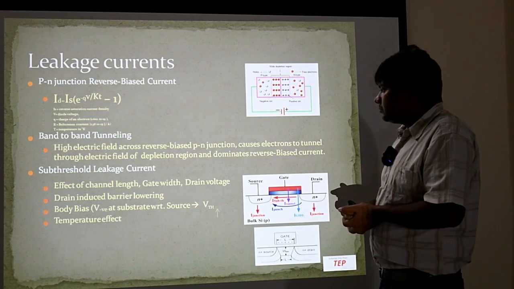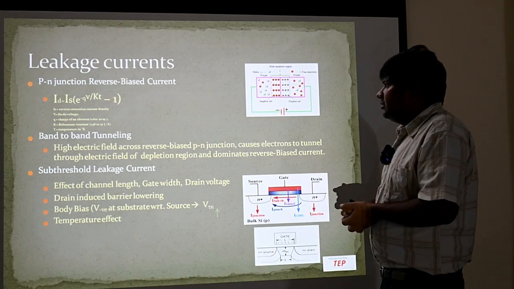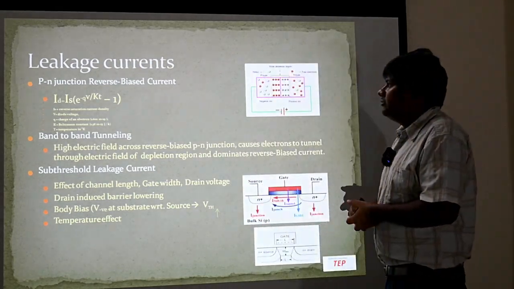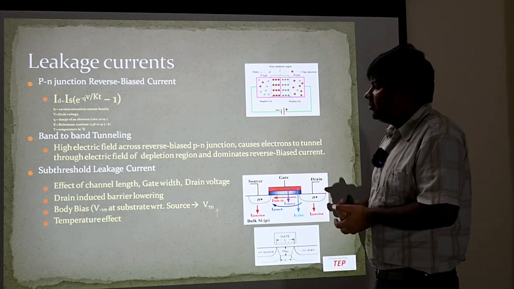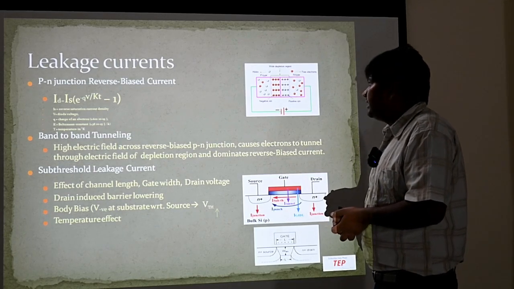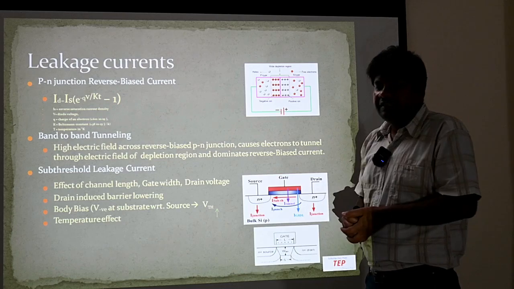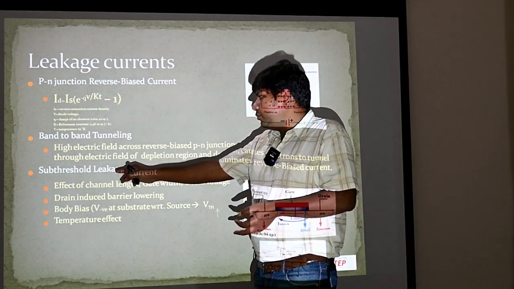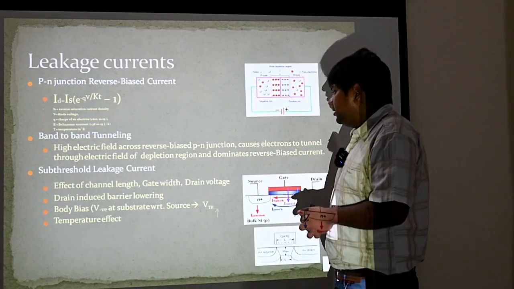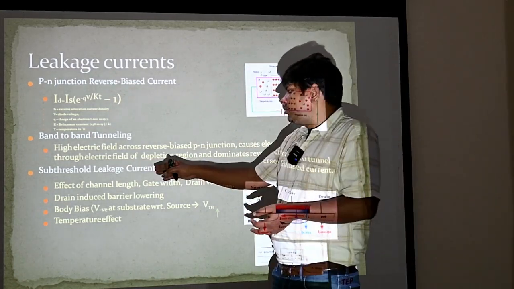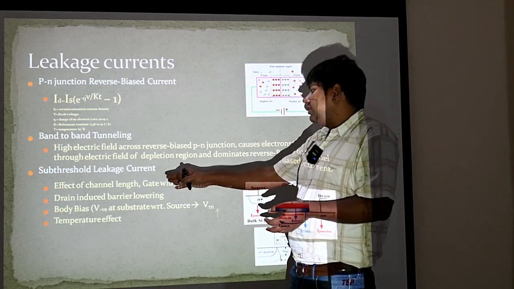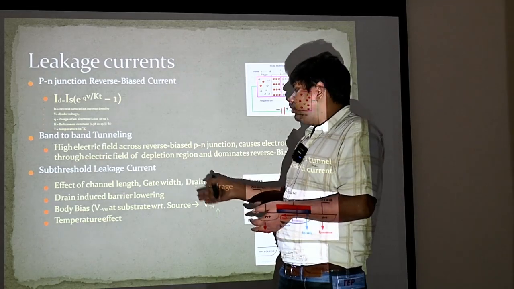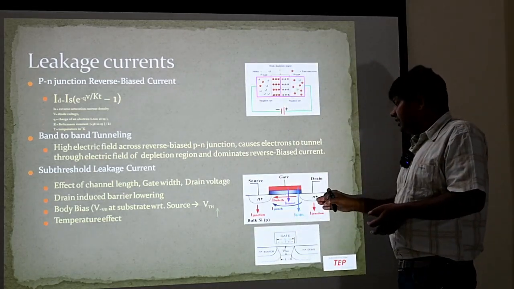As I was mentioning, you must have already studied this equation: how the reverse biased current depends on temperature, and it increases exponentially with temperature. And then there is the more important, prominent component of the leakage, that is sub-threshold leakage, and it depends on the channel length, gate width, drain voltage, and drain induced barrier lowering, where the drain affects the gate.